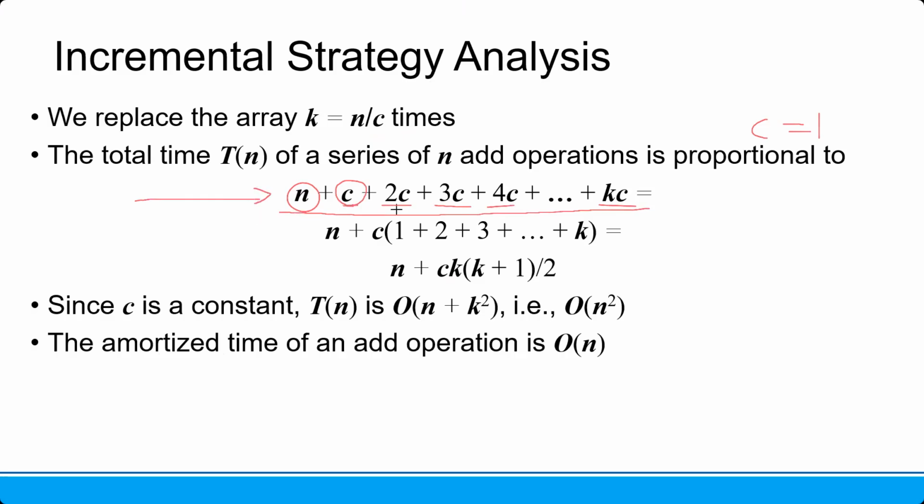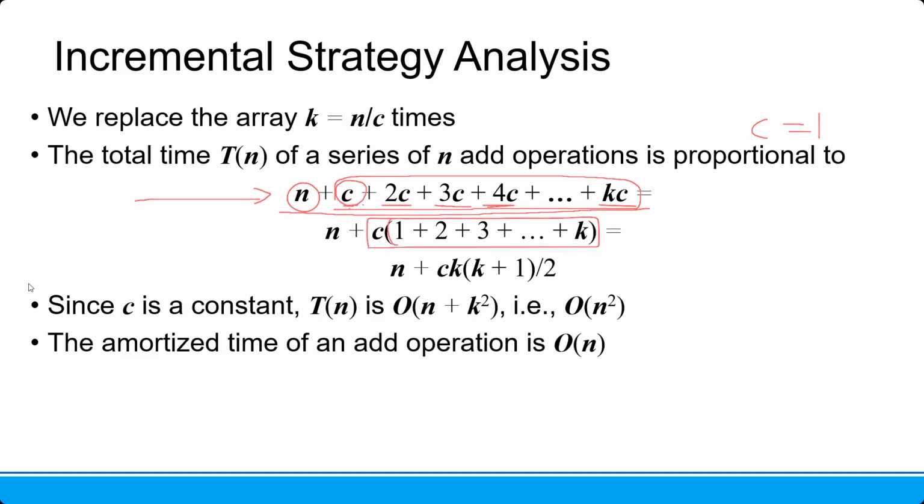So you can make the series simple by using a formula: c plus 2c plus 3c plus 4c and so on. We can simplify it mathematically like this: c multiplied by 1 plus 2 plus 3 until k.